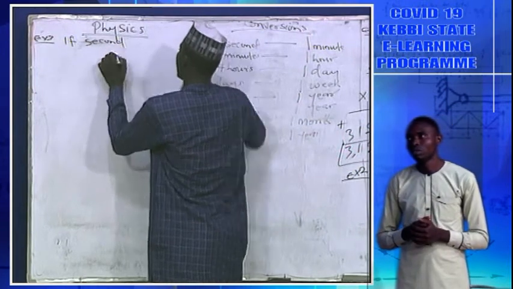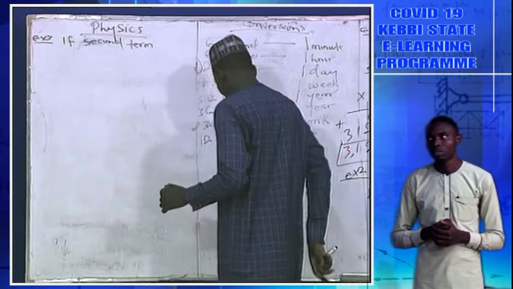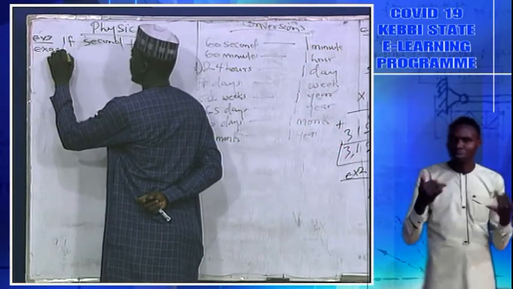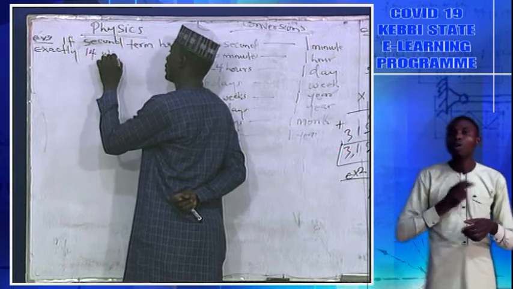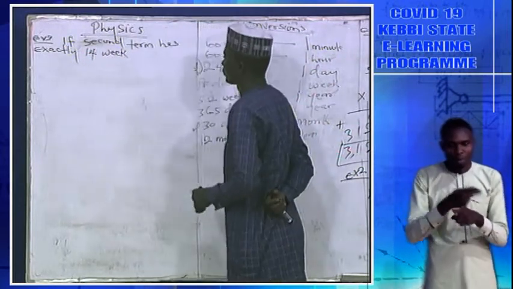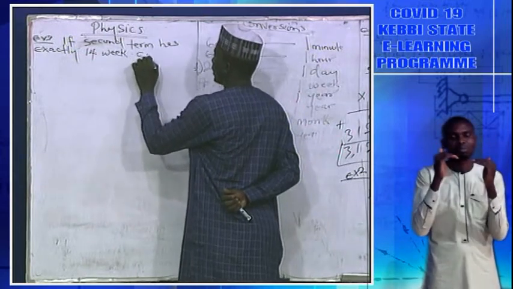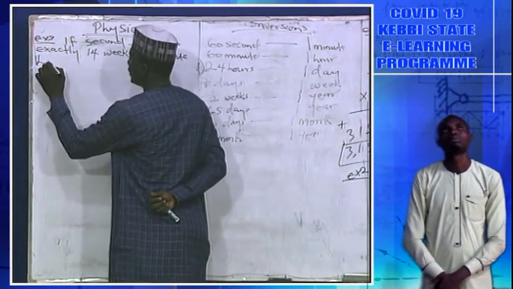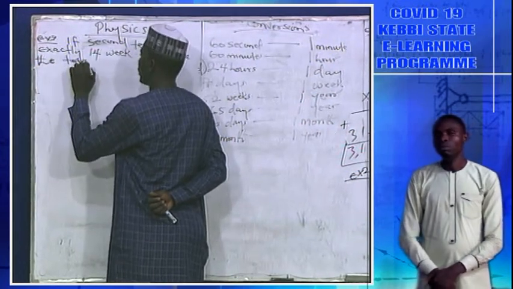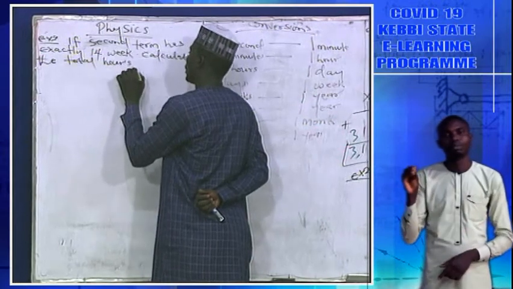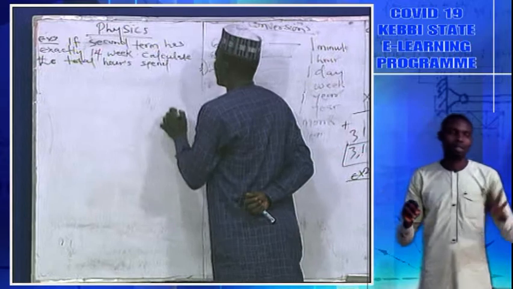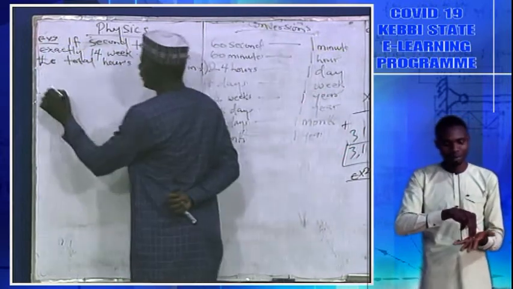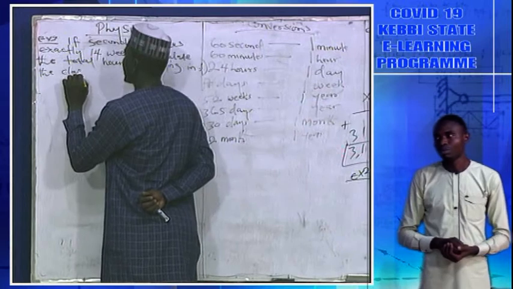If the second term has exactly 14 weeks, calculate the total hours spent in the class.